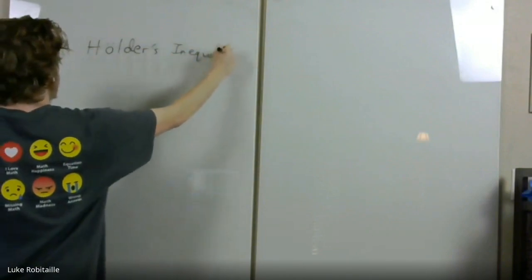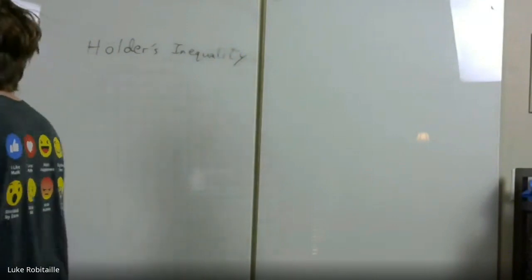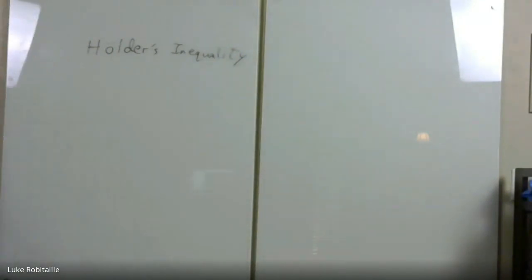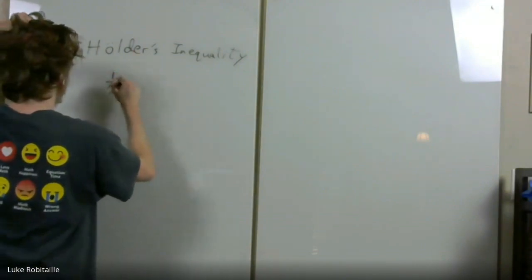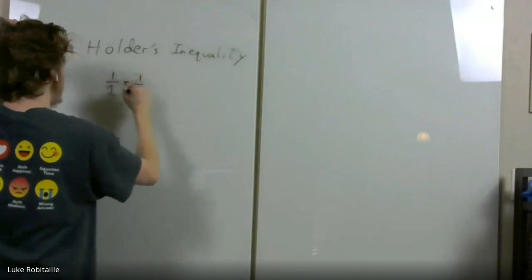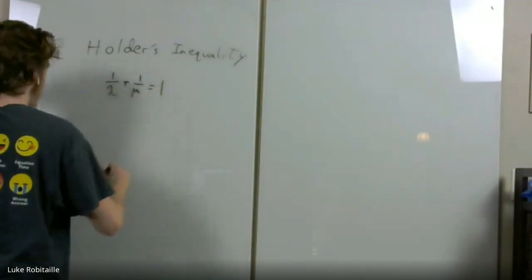So for two sequences, one way you can think of it is, let's say you have positive reals. One way I've seen it stated is you have positive reals lambda and mu whose reciprocals add to 1.